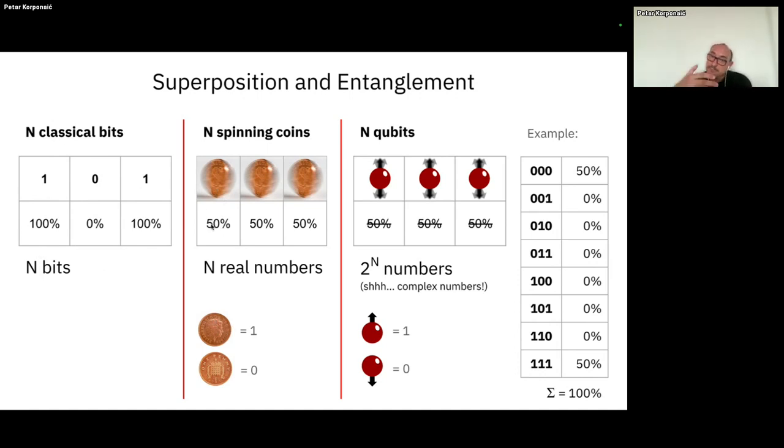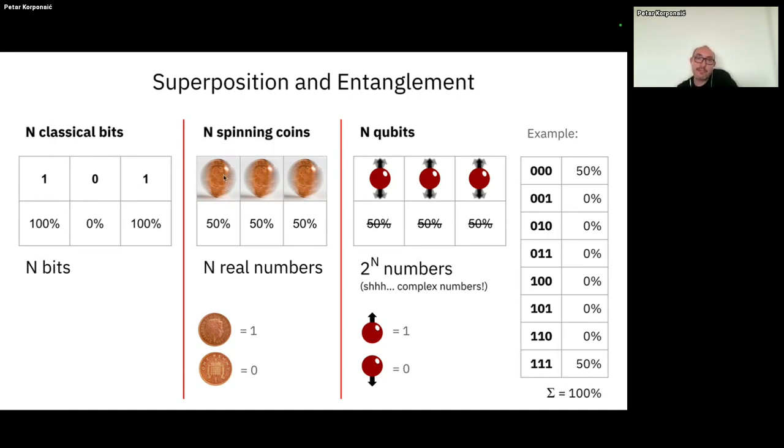To express the probabilities of a coin, we need real numbers. Usually for a coin, it's 50-50, so it's 50% head, 50% tail. But maybe we have some cheating coin which has an 80% probability of head and 20% probability of tail.